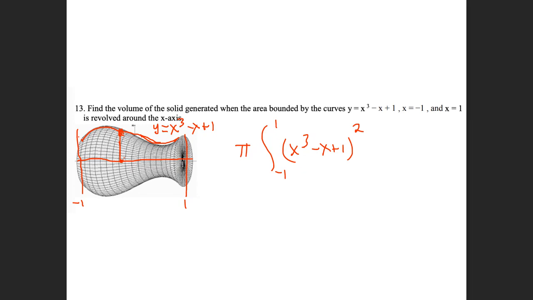How do I know if you use a calculator? Your answer will be a decimal. It's real obvious, because instead of coming up with something like 16 pi, they'll give me like 48.325. It's like, oh, okay, you used the calculator. When you don't use a calculator, you're going to have pi in your answer.